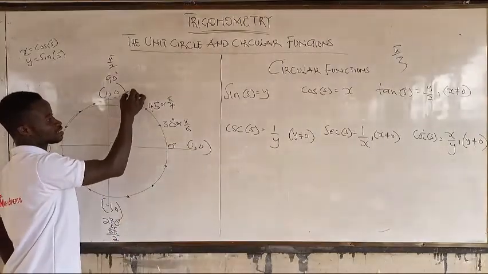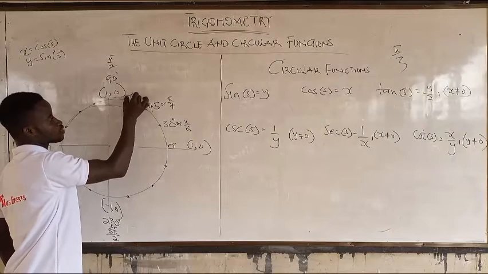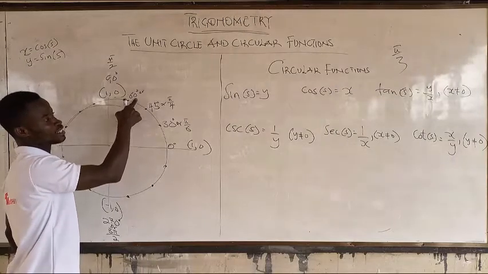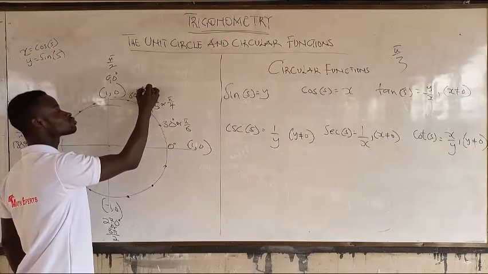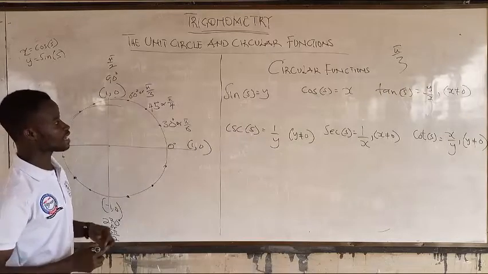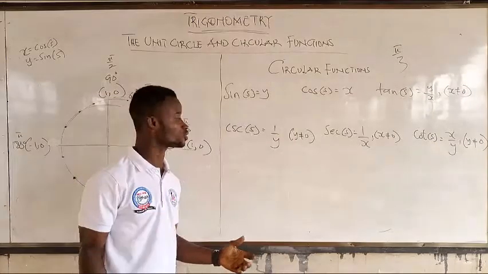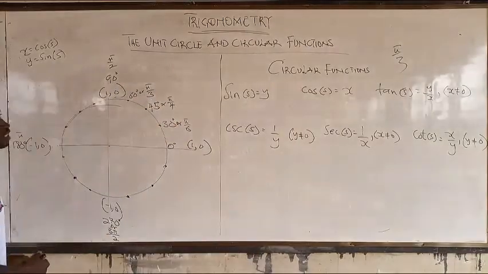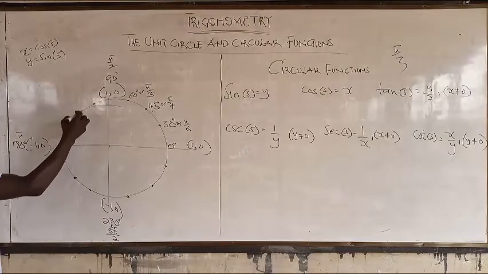You can get 60 degrees here, which is the same as pi on 3. That is when you know how to convert it, so I don't need to talk much.